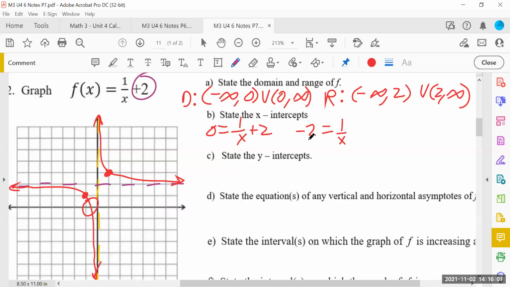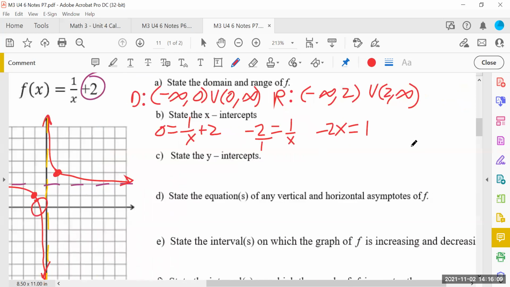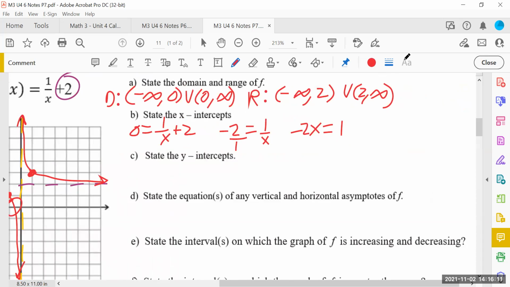And then you could even make this a fraction and just cross multiply. Negative 2x equals 1. Divide by negative 2. And we get x is equal to negative 1/2, or an x-intercept of negative 0.5, comma 0 would be fine.